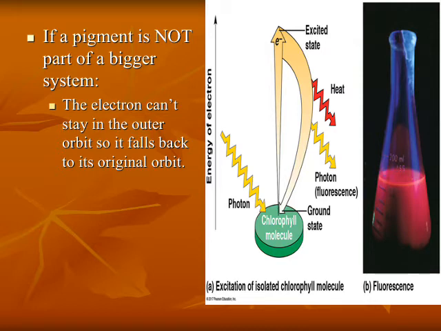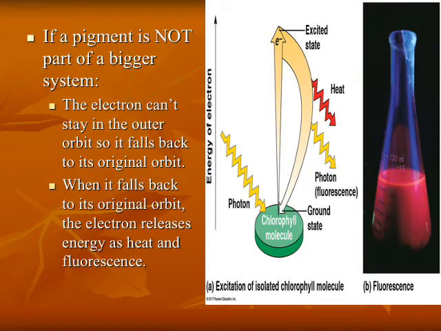And that is a very unstable situation. If it can't stay in that outer orbit, it falls back to its original orbit. And when it falls back, the electron releases energy as heat and fluorescence, in the form of light.